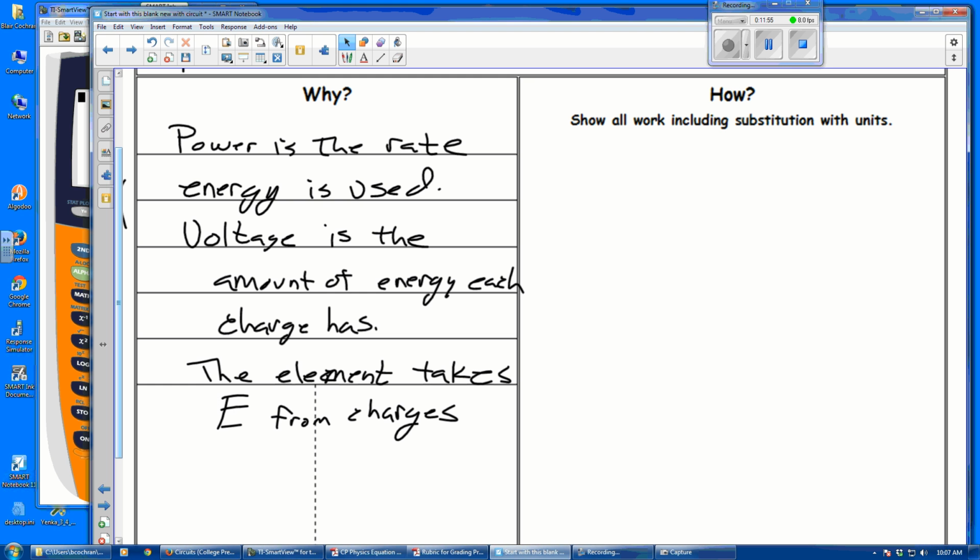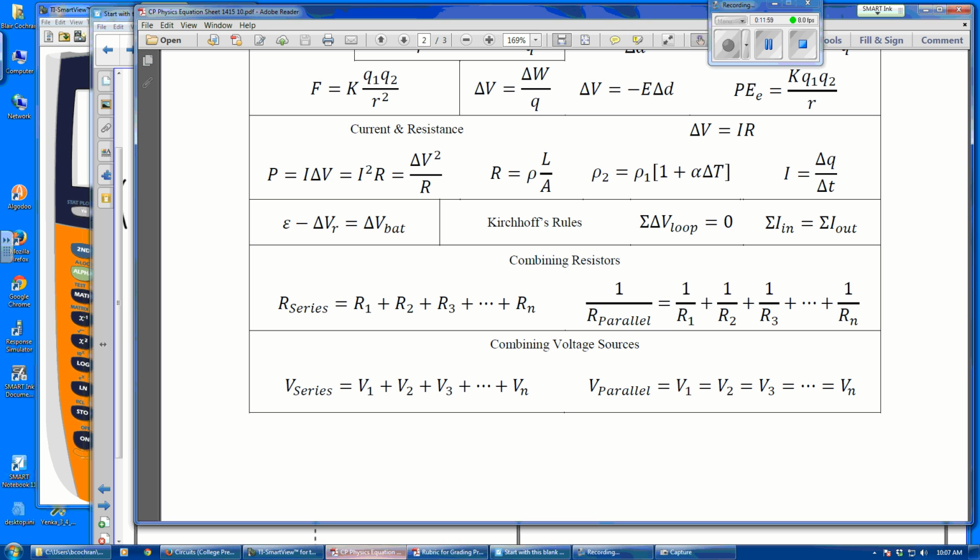Equation, now onto the how. Equation wise, we're looking at the power, so it's right here in the current and resistance box, and we see that we have those three forms.